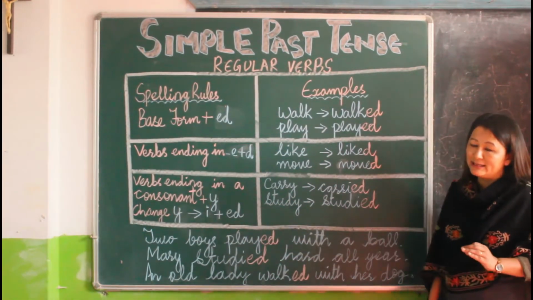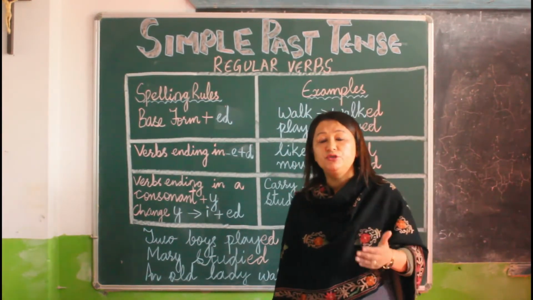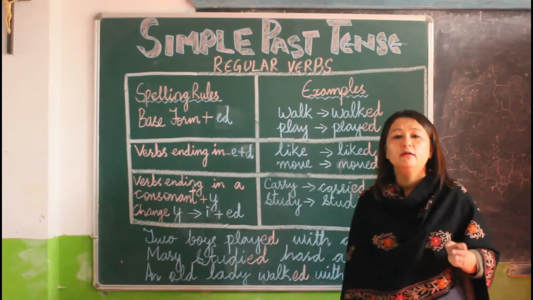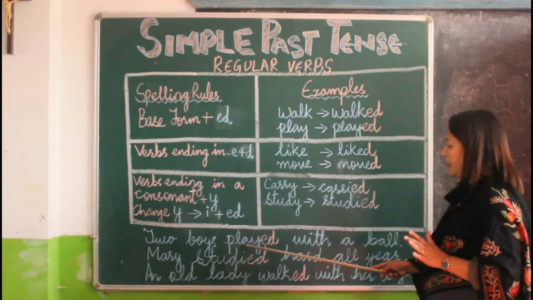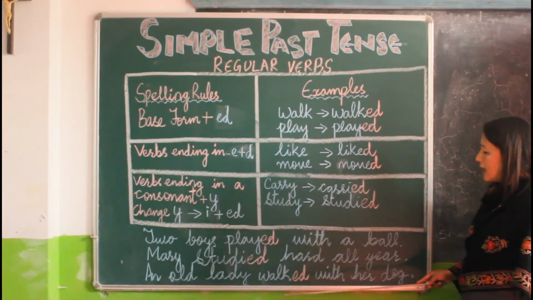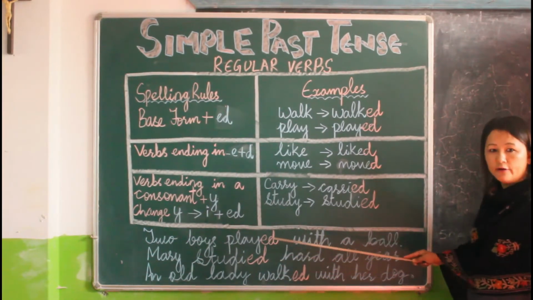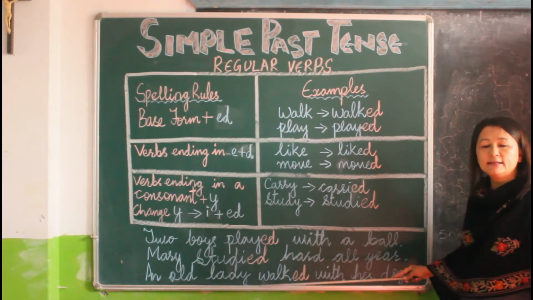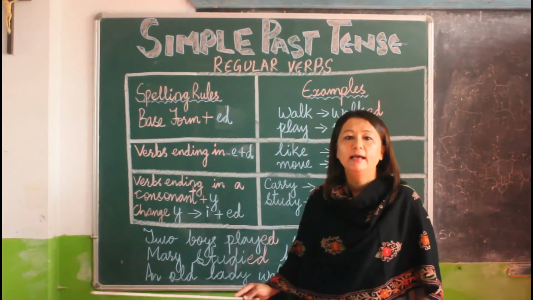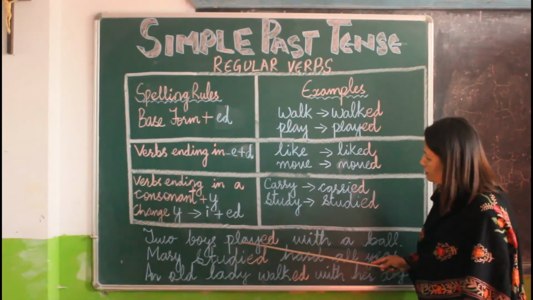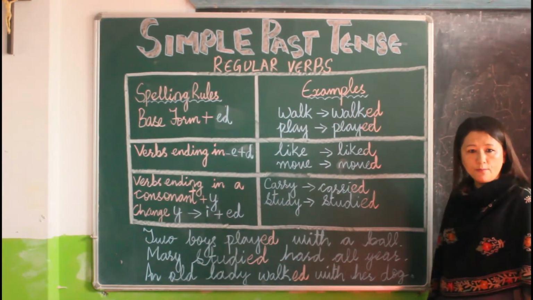So, in these sentences, which word tells us about the action done yesterday or earlier than now? The words played, studied, and walked. These are the words or verbs which tell us about an action done yesterday or earlier than now. And all these words are in ed form.